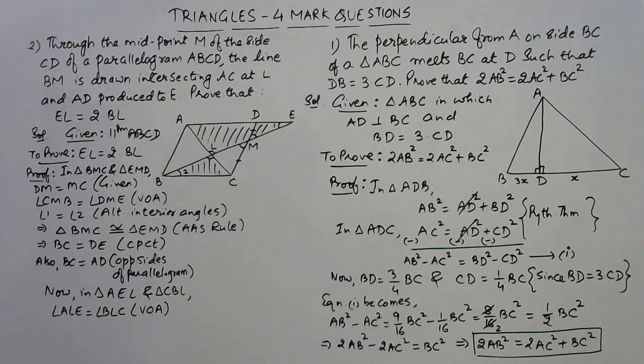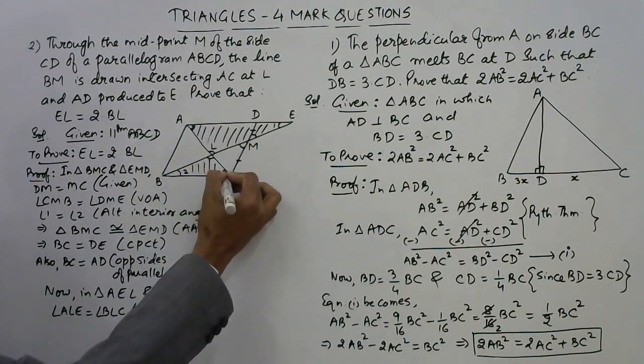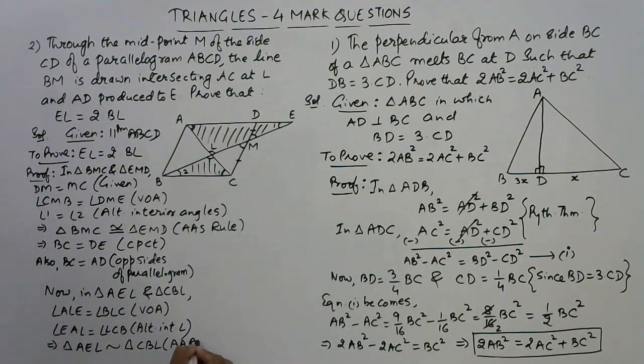And the other one, obviously this is alternate interior angle. See this angle and this angle. So angle EAL equal to angle LCB. This is alternate interior angles. So we have proved the similarity. That implies triangle AEL is similar to triangle CBL by AA rule. So this is the second step. First one was the congruency and second one is the similarity.